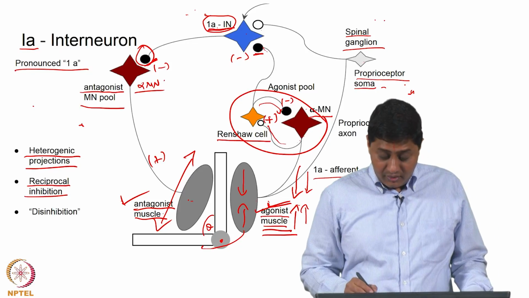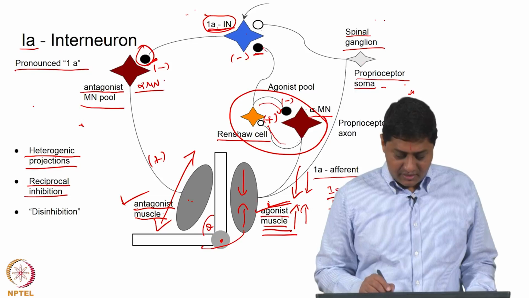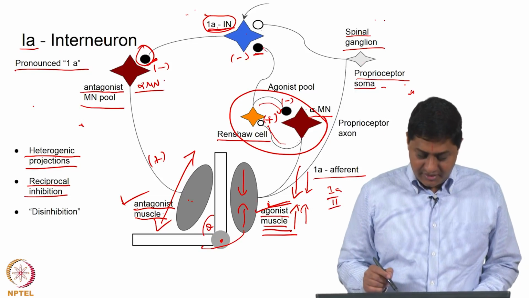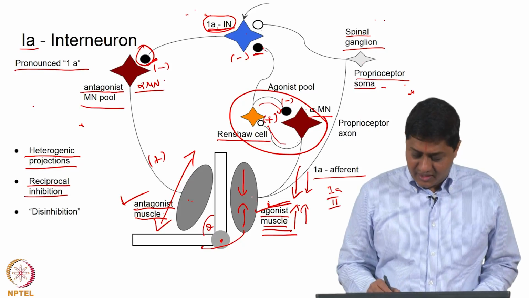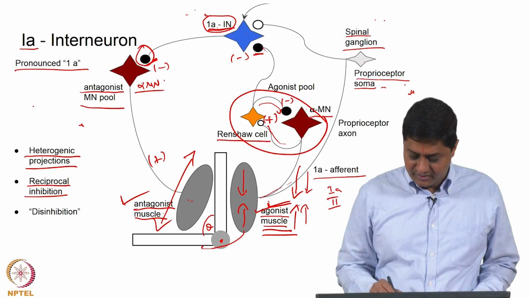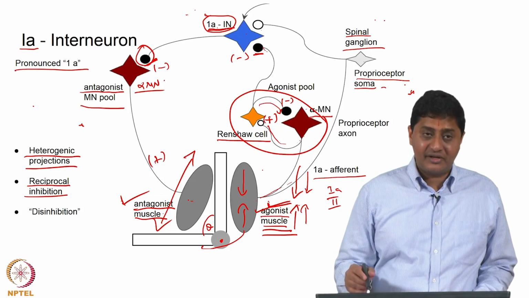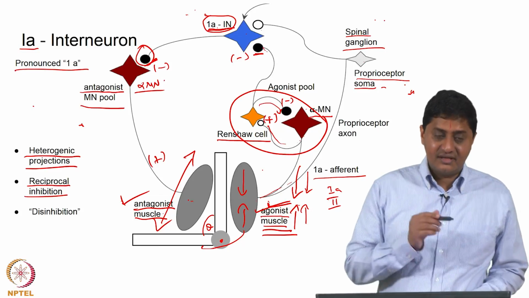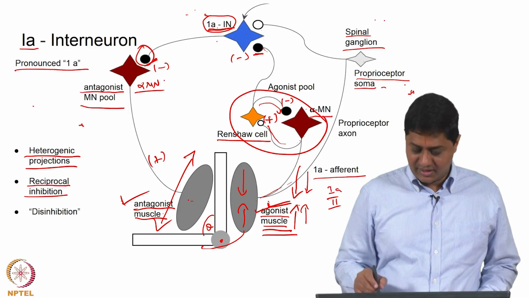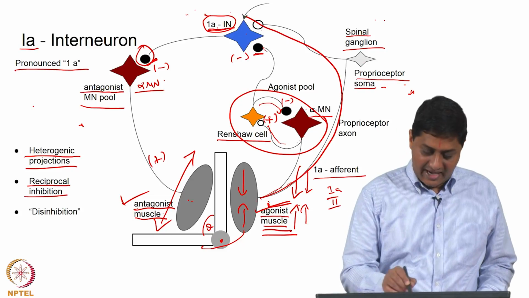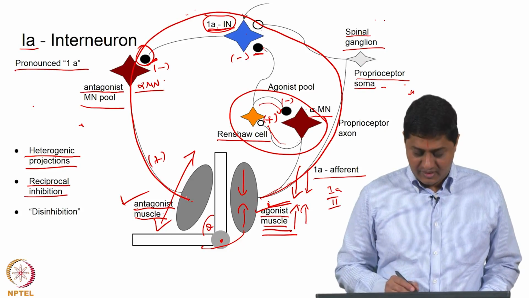Two, the agonist muscle contracts, or the antagonist muscle contracts, that causes a stretching of the agonist muscle, which inhibits the contraction of the antagonist through the 1A interneuron, that is that loop, is it not? That is the bigger loop.